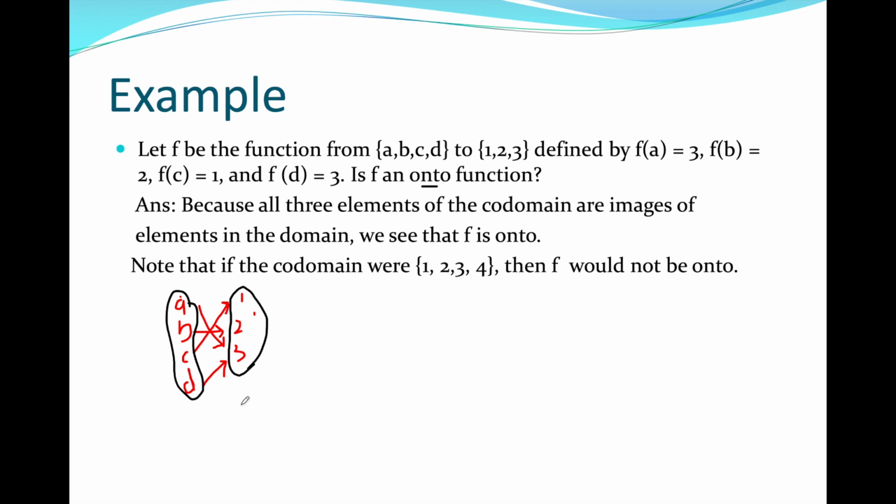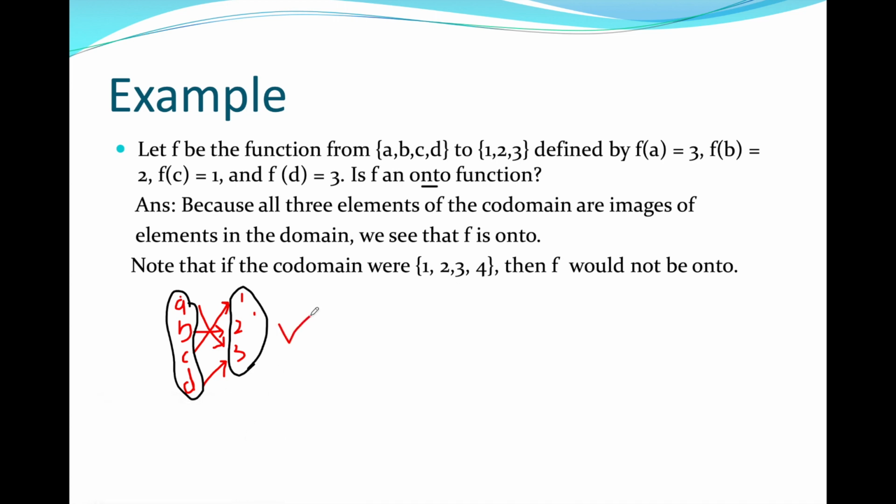If, let's say, you have another one which is 4, and 4 is not related to any element here, then obviously this is not onto. But since in the example it only has up to 3, and all these 3 are connected to the domain here, this is an onto function.